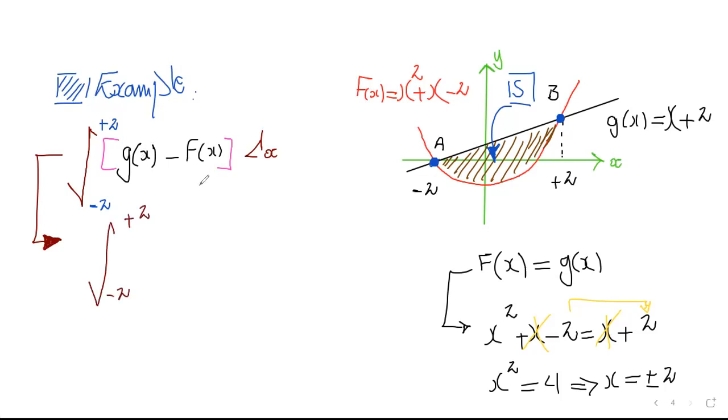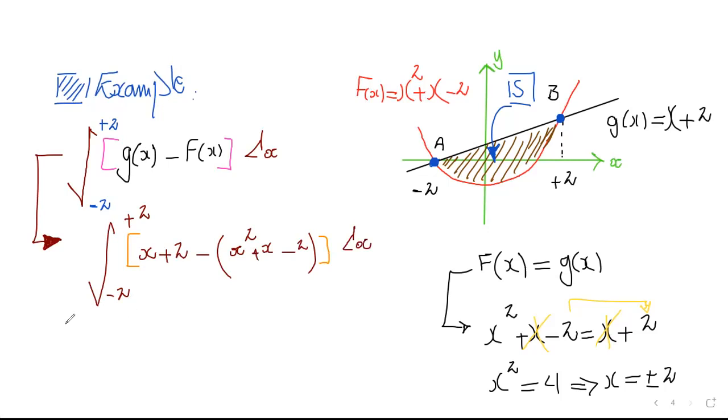G of x is represented by x plus 2. We subtract off the f of x. F of x is represented by x squared plus x minus 2. And in all of them, we know that it just varies with respect to the x. That's why we just put d of x here.